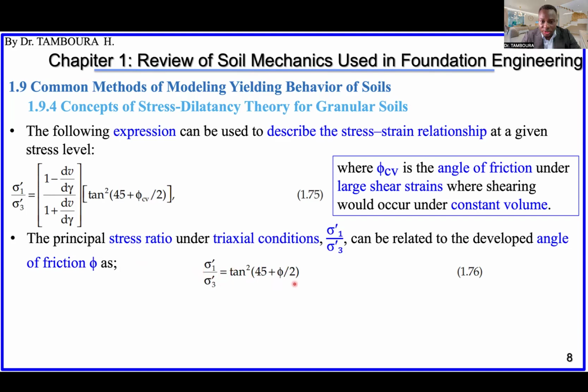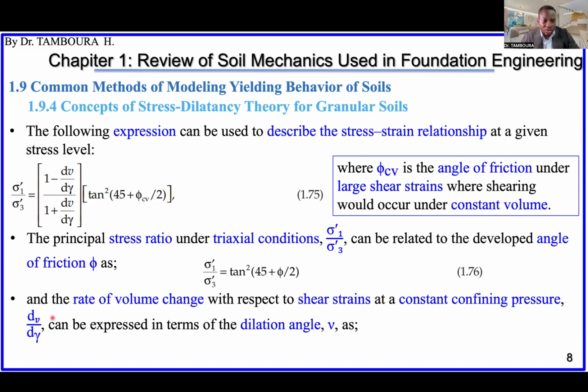As you can see, the difference between this equation 76 and this one is just this matrix. The only difference is this one. It means this one is 1 in this case. And in that case, this angle of friction under large shearing becomes just phi, normal phi. I think we will come back to this later.